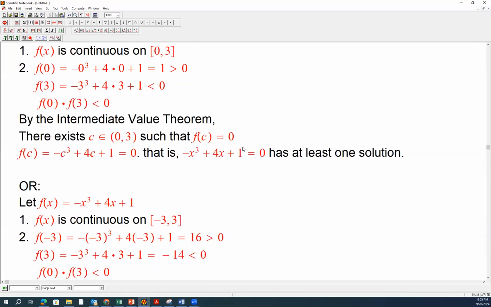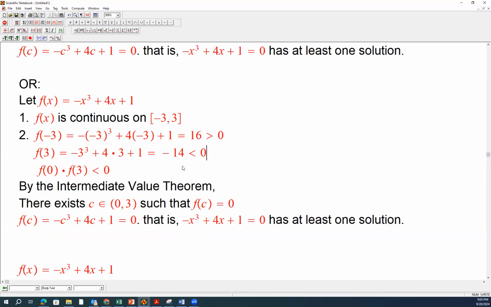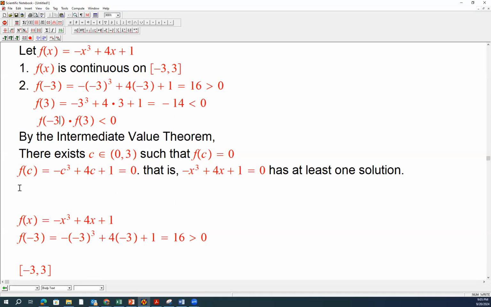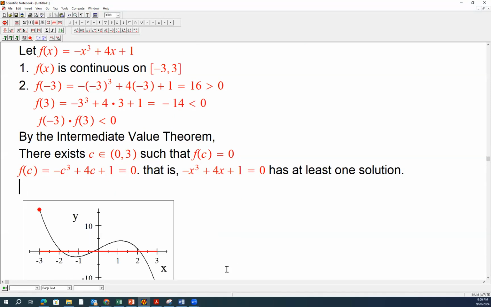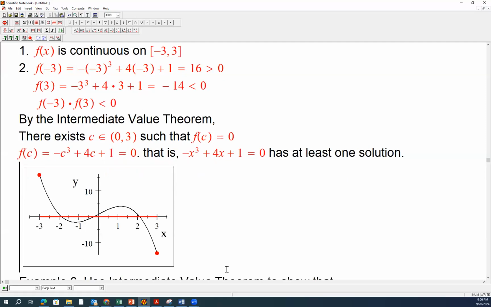Is that right? Yeah, it's correct. I just didn't calculate. So the product of f of -3 and f of 3 is less than 0. The narrative is still the same. Okay, there's at least one solution. So the choices of intervals are often not unique. If you have a peek at the picture, certainly it helps.